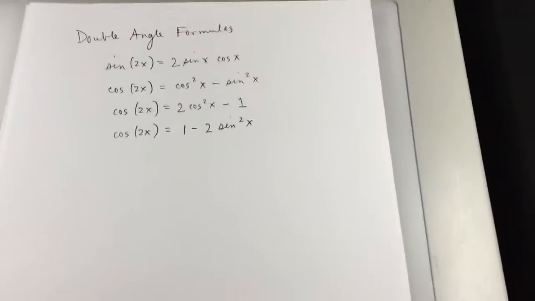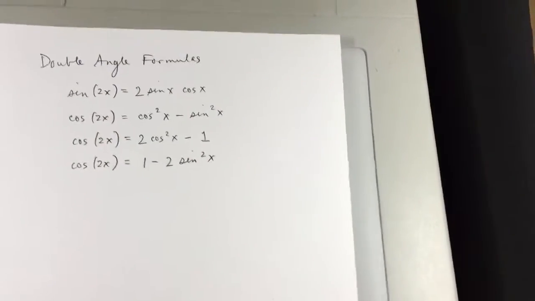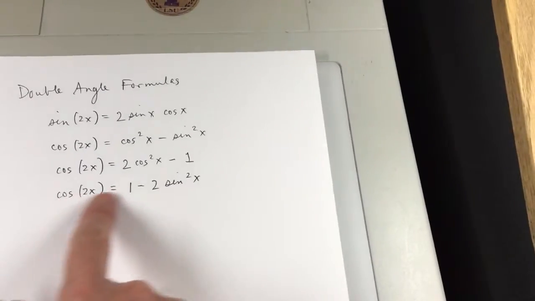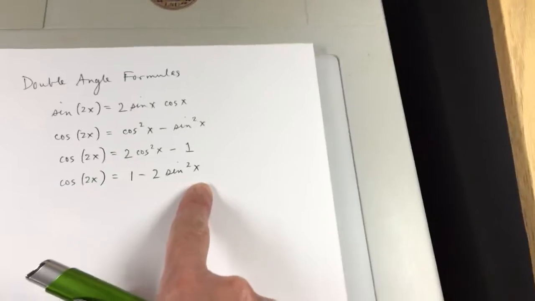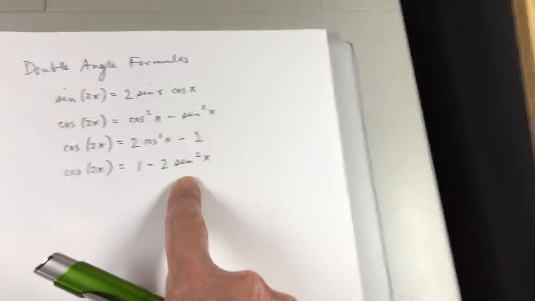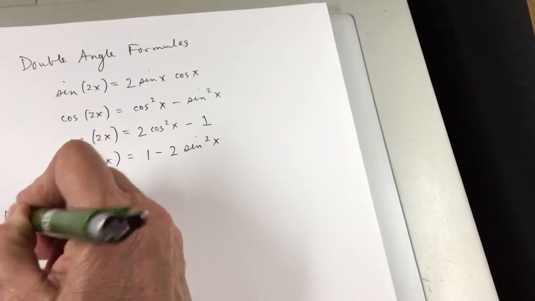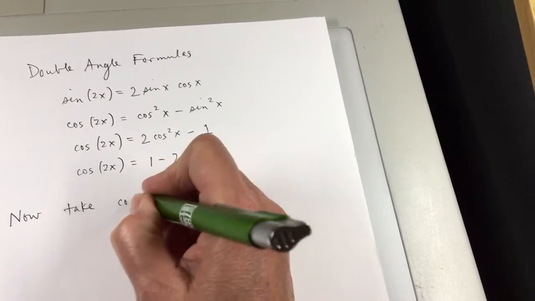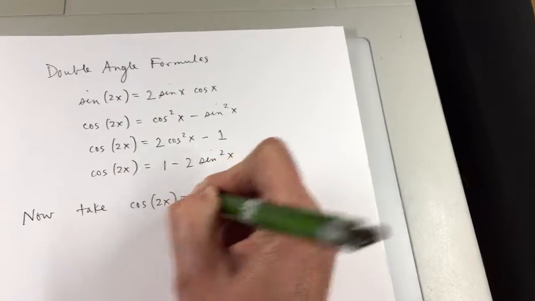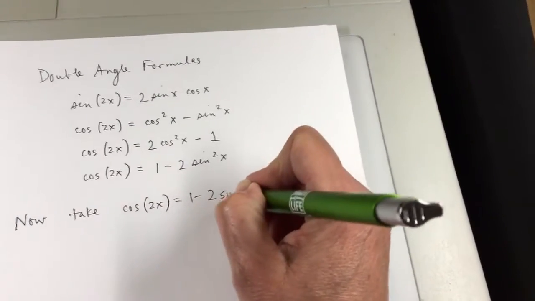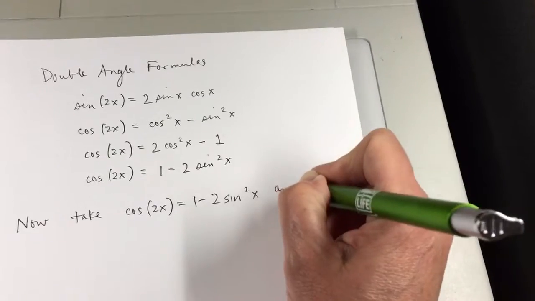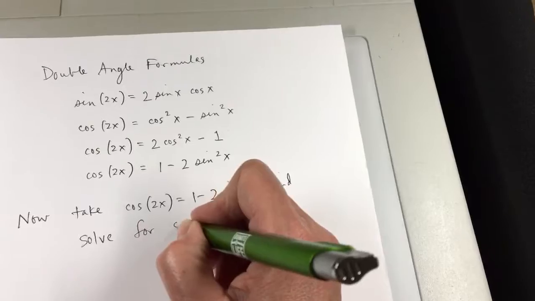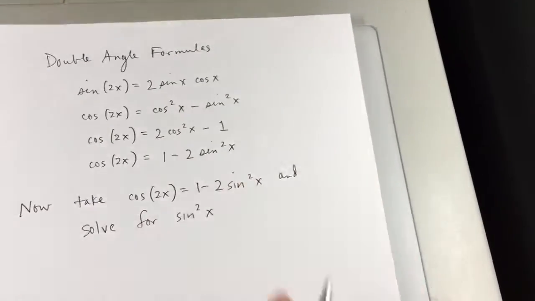Here's another that's useful. I want to take one of these, like, let's say this guy. I want to solve it for sine squared x. Now, take cosine 2x, which is 1 minus 2 sine squared x, and solve for sine squared x.